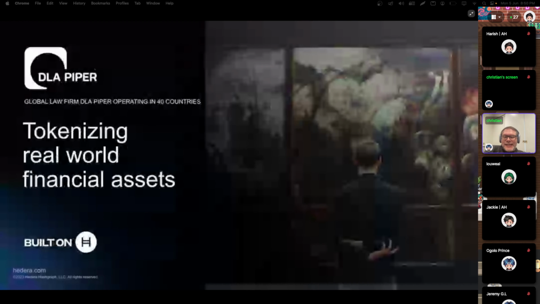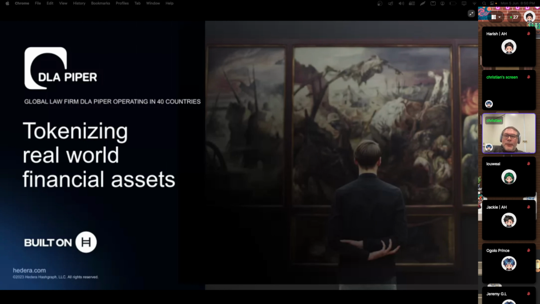DLA Piper is a really large law firm, one of the world's largest law firms. And they have a lot of specialty in helping their customers in transactions such as real estate transactions, large real estate transactions, or art transactions, classic cars, things like that.